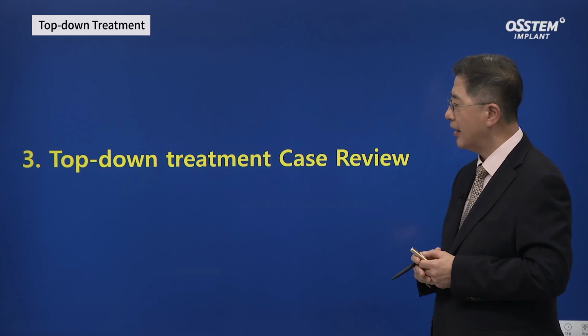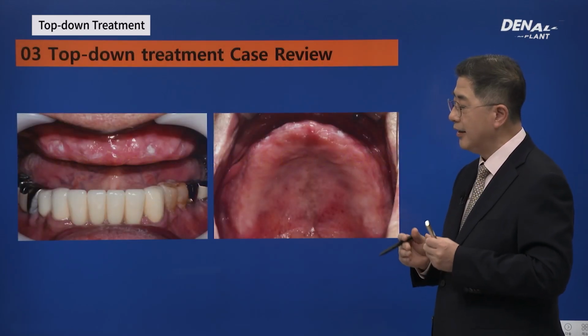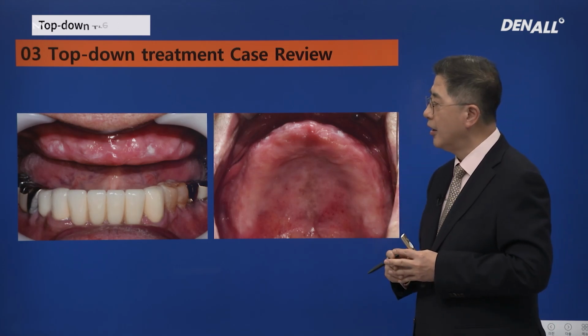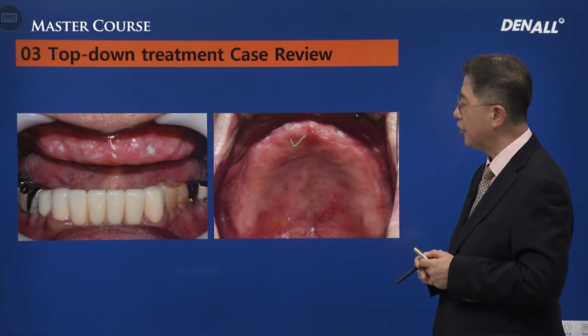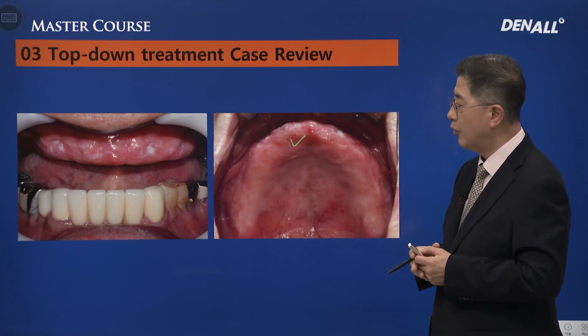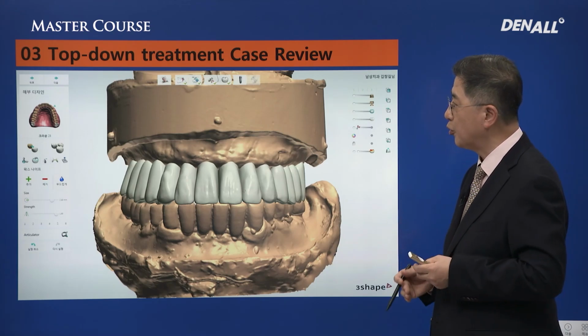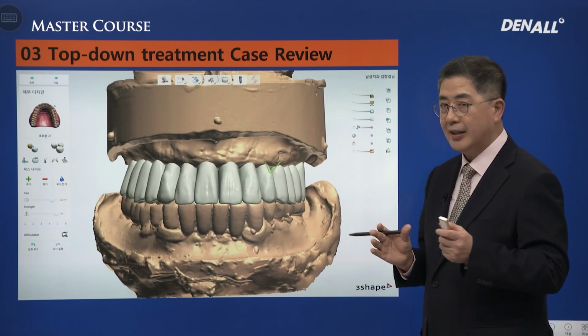Let's look at a clinical case. By doing implant placement top down, problems can occur in edentulous cases. In this case, you need to use the denture teeth used by the patient. Based on that, we can make fixed prosthesis in a virtual environment.